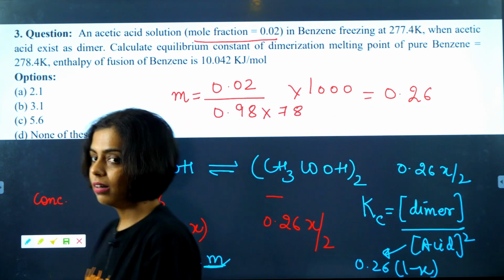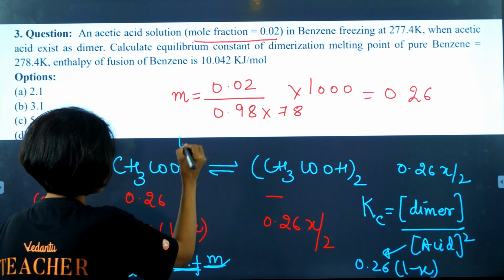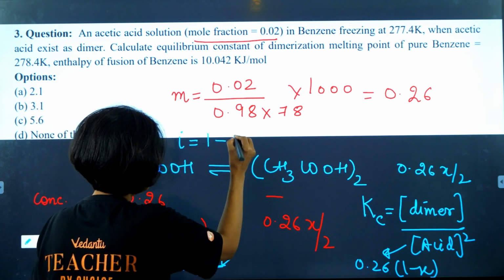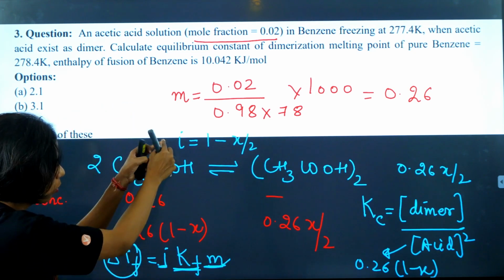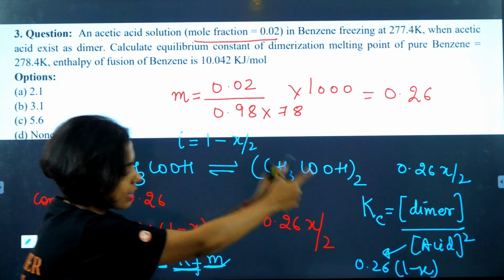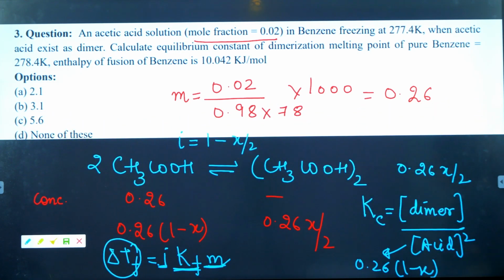What is i here? For dimerization, for association, i is 1 minus x by 2, or alpha by 2. Once you get the i value from this equation, you can easily calculate x, put that x here and calculate the equilibrium constant.